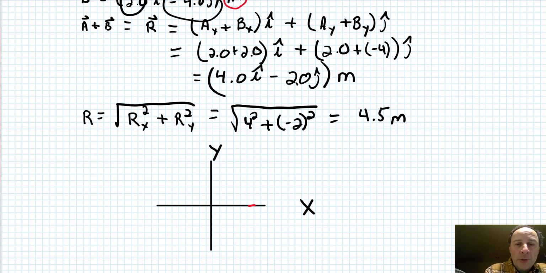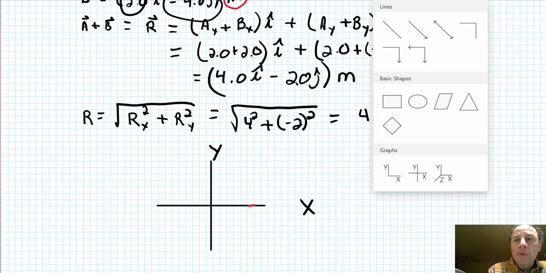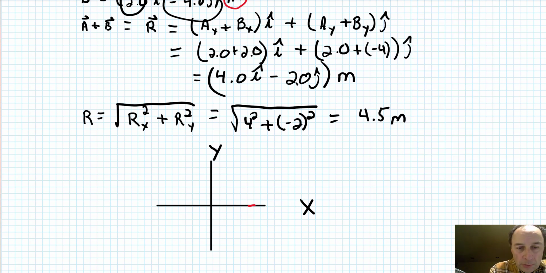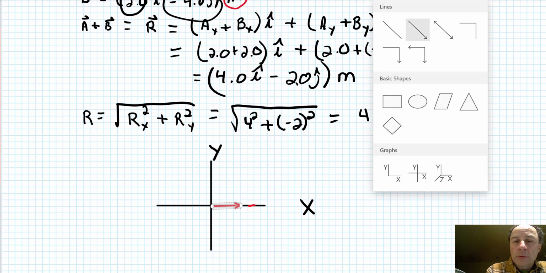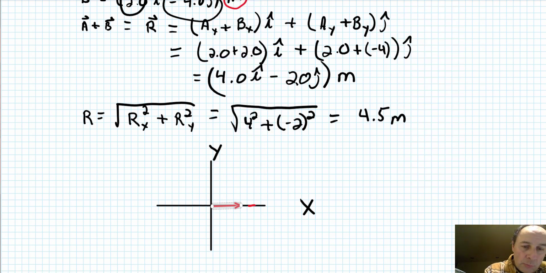All right, so we're going to go out 4 units here. 1, 2, 3, 4. And in the y direction, it's minus 2 units. So 1, 2, right there.